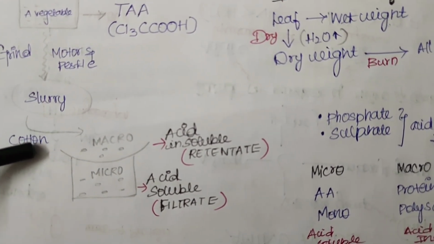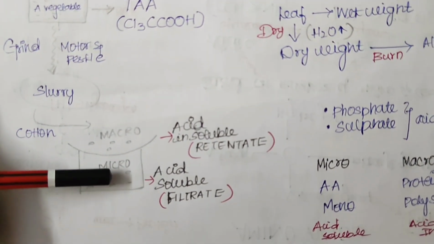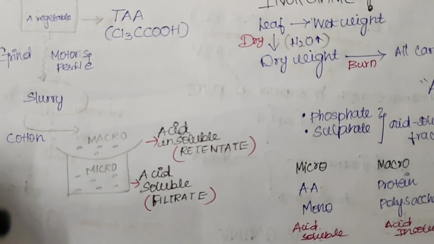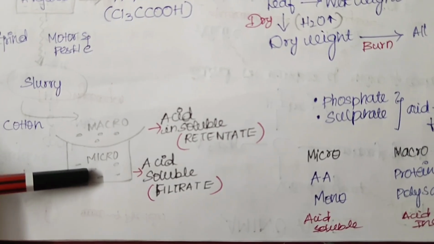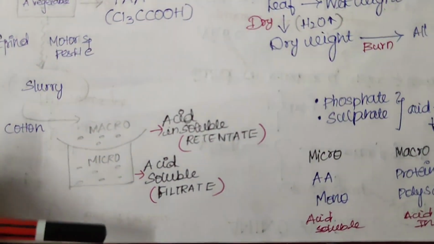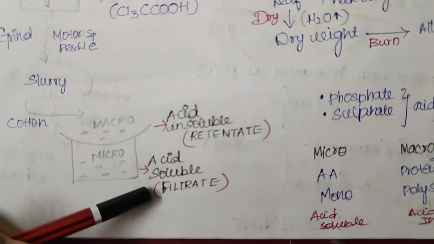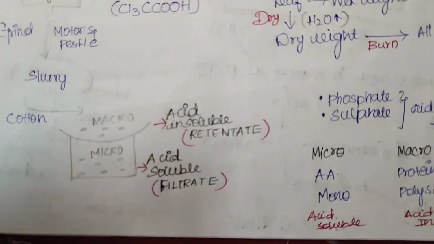Once you filter the slurry with the cotton, there will be two types of fractions, we could say. One is micro and another is macro. The micro is called the filtrate and the macro is called the retentate. So what is the filtrate? The particles which are filtered out, like juice. What is the retentate? The particles which are retained, like the seeds of the juice.